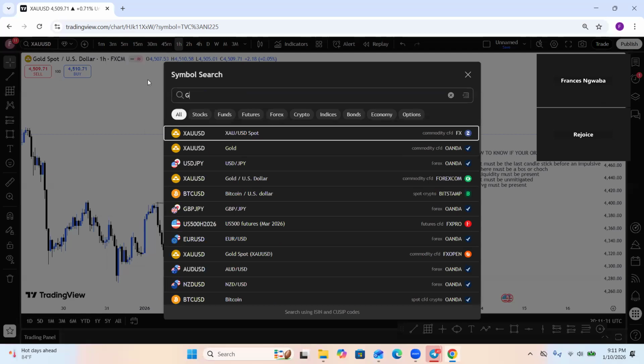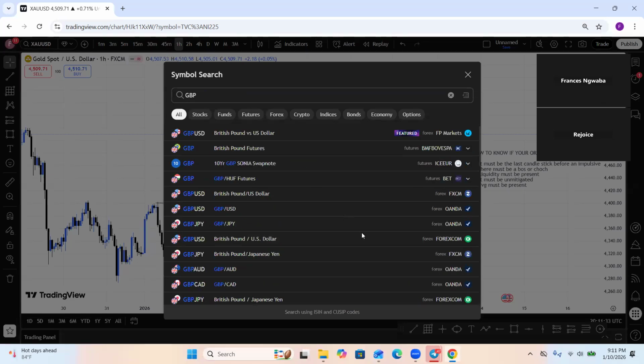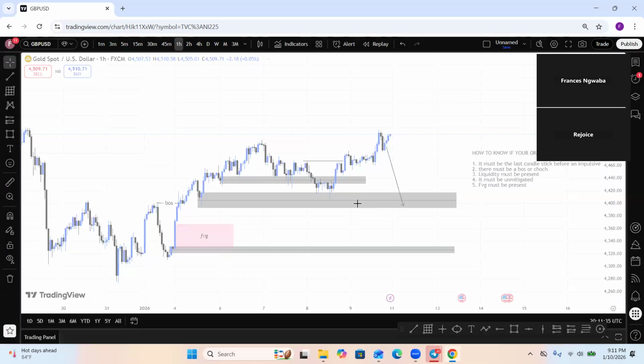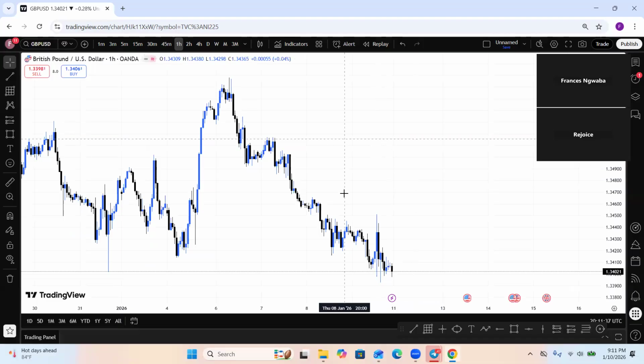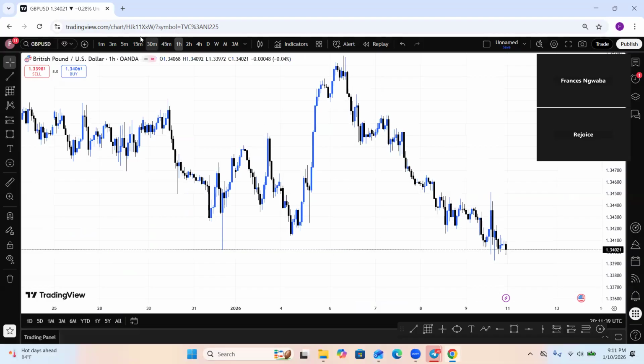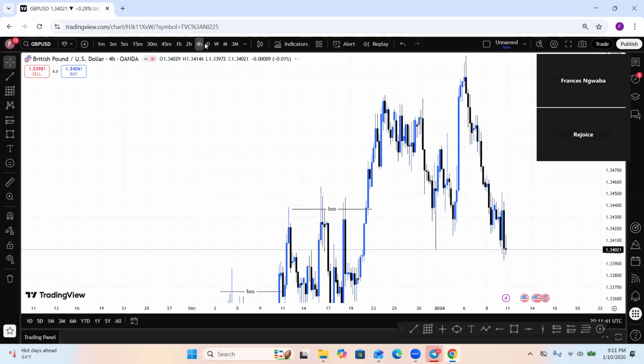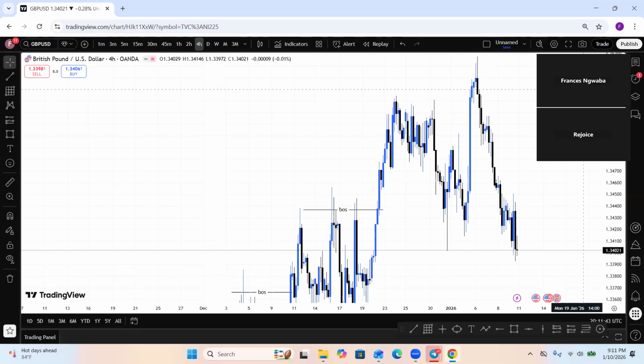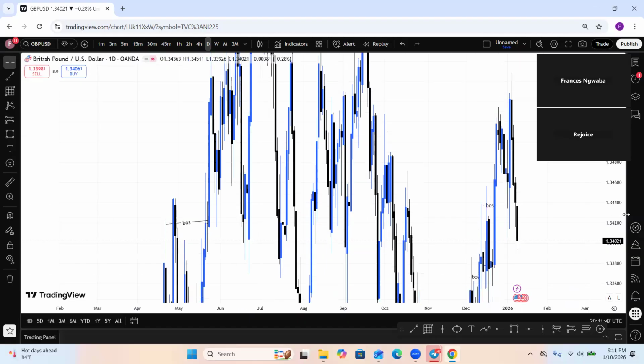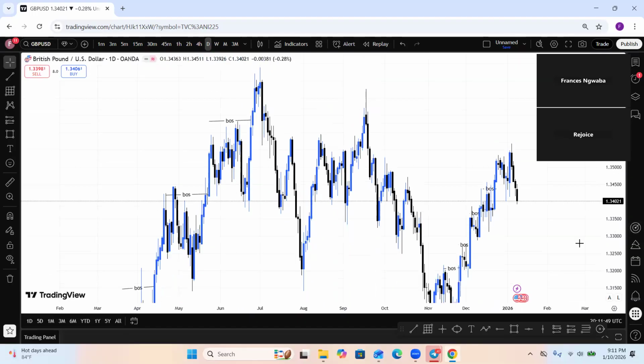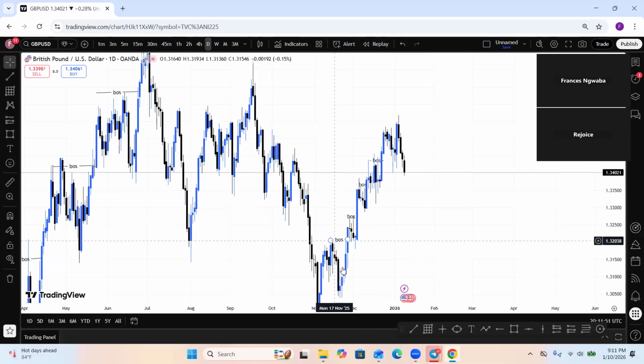Okay, I want to check GBP JPY. Okay, let's analyze GJ. Basically, you can already see that the market was breaking structures to the upside, right?